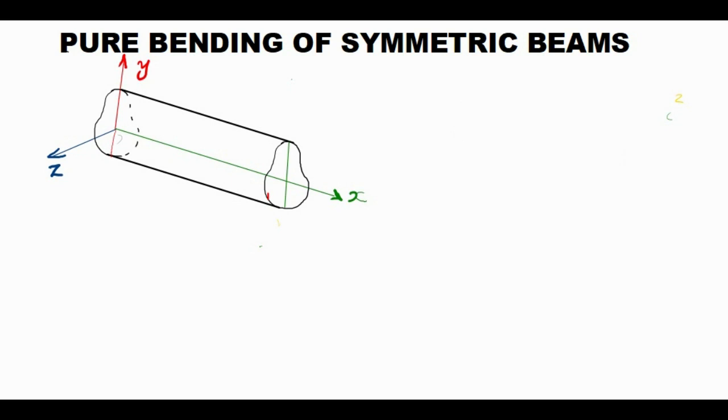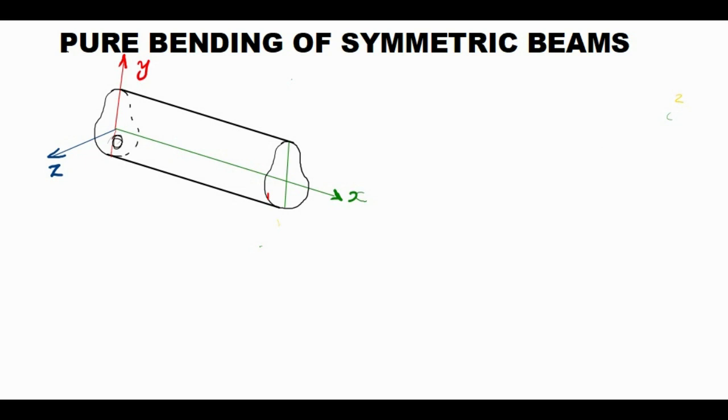Now we will consider this beam. Here we set the coordinate axes, xyz axes. The origin is at one end; here we set the origin O, and the y axis is the axis of symmetry. Can you see this here? The same axes are shown here.